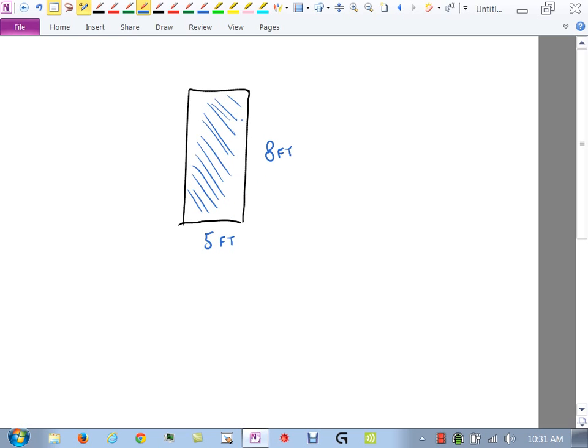It's 8 times 5, just the two sides multiplied together. If I call this the width, W, and the height, H, then the area is equal to the width times the height. That's the area of a rectangle.